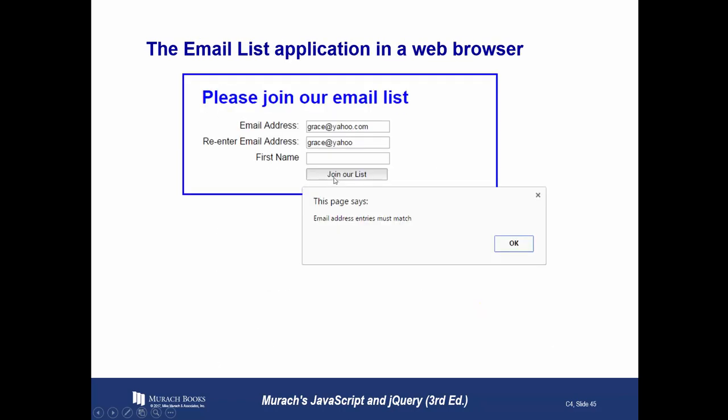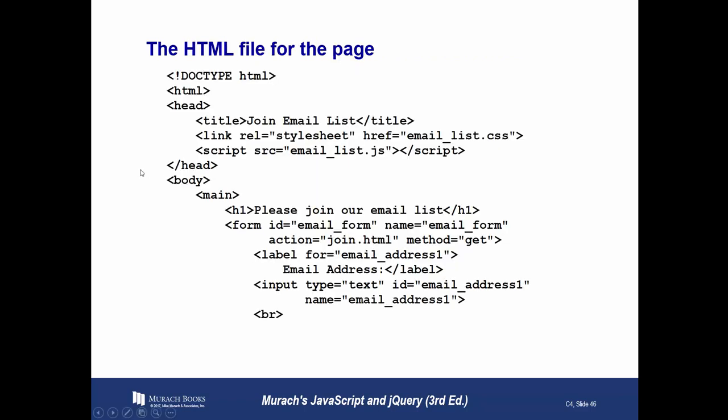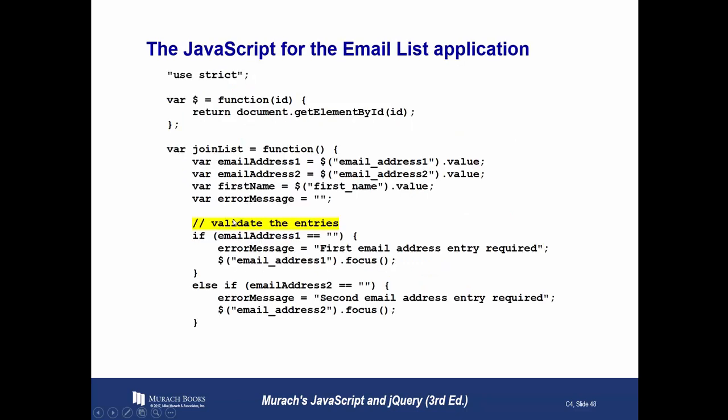In much the same way, we've got our email list. This is an email list like we were introduced to in Chapter 1. However, if we look quickly at the code that goes with it, you'll notice we're doing validation inside of our joinList method.